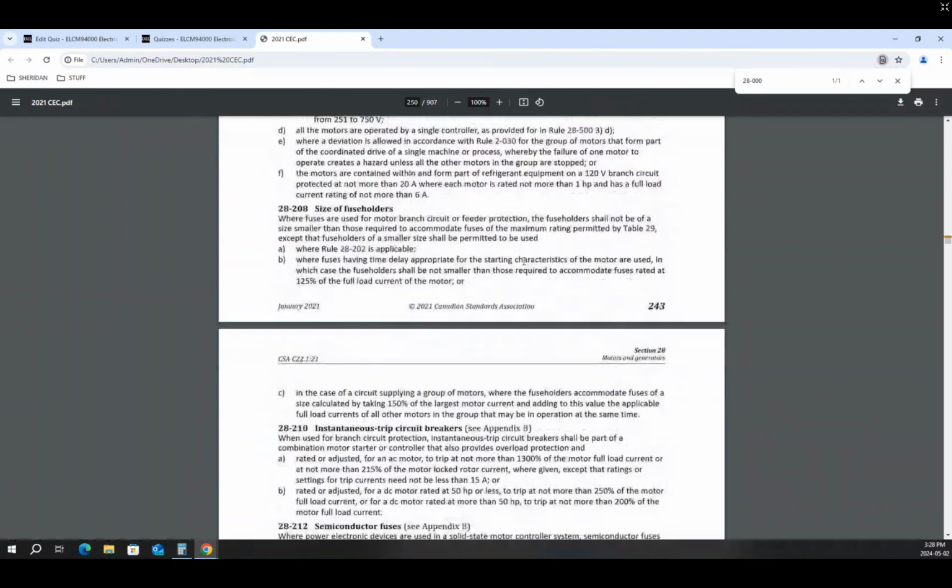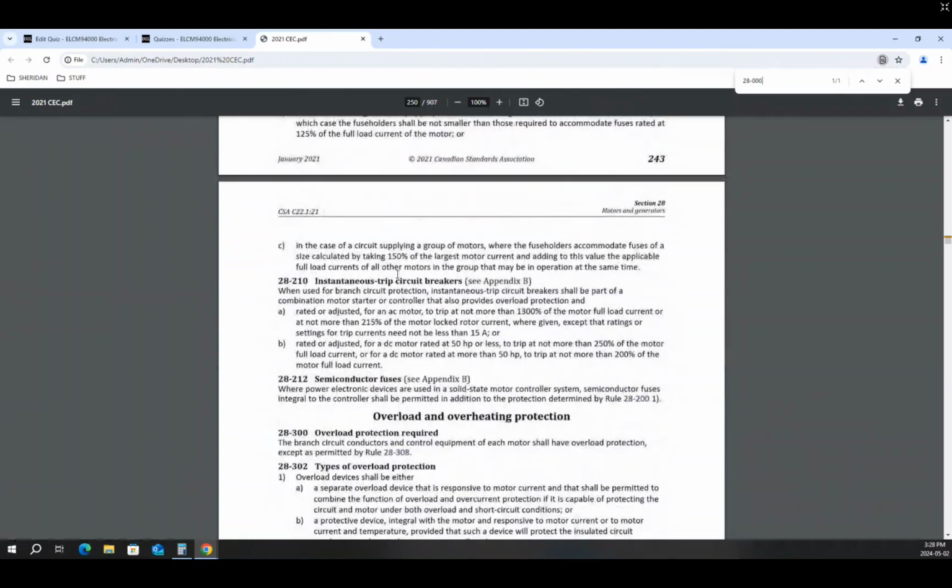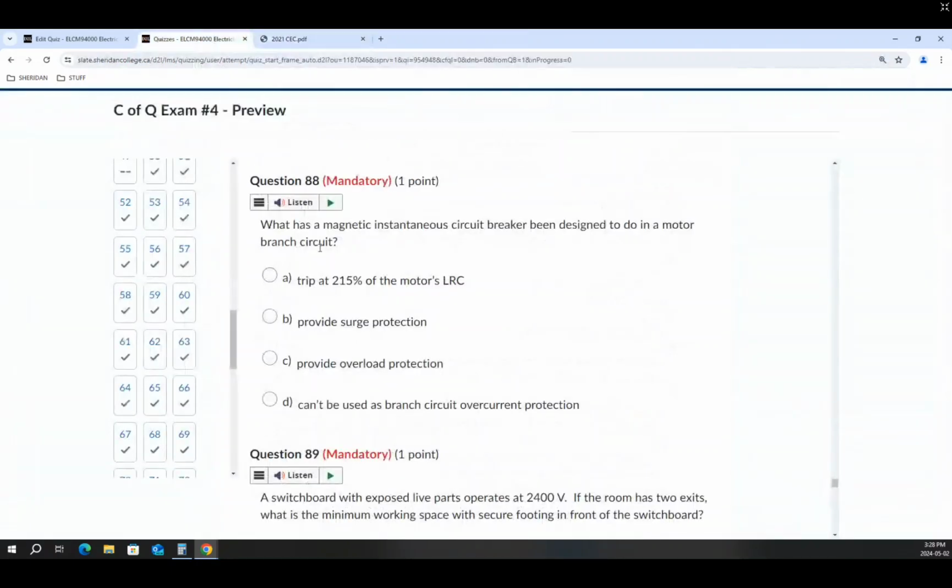Groups, motors, size of fuse holders, instantaneous trip circuit breakers. When used for branch circuit protection, instantaneous circuit breakers shall be rated at not more than 1300% of the full load current and not more than 215% of the locked rotor current. There's 215% of the motor's locked rotor current. No, that one.